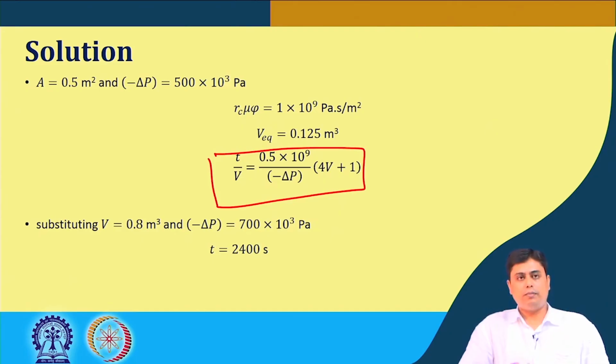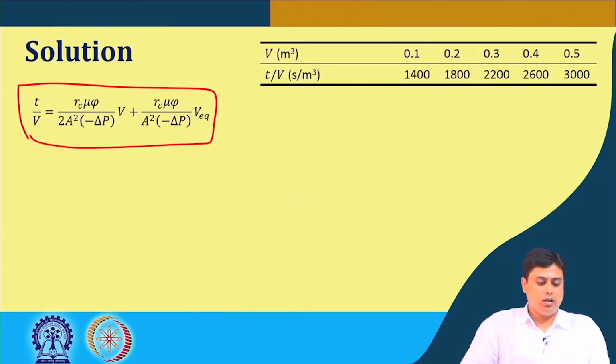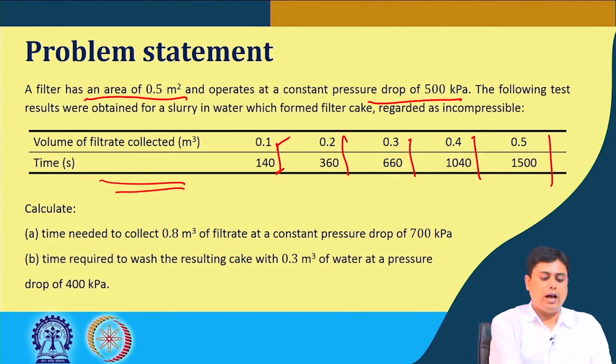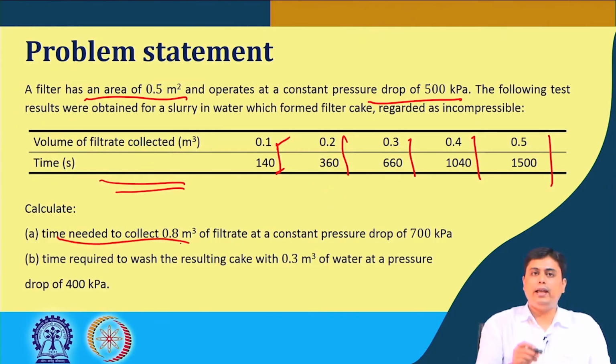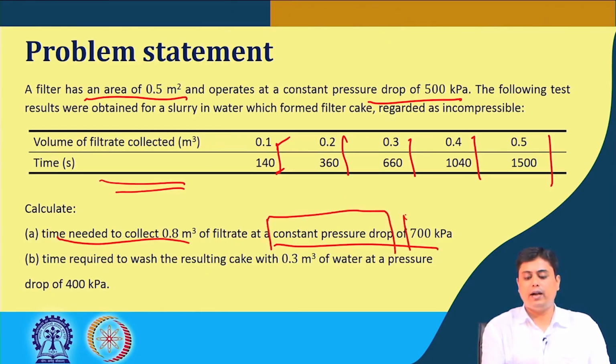Now, for a constant pressure scenario, because the question is asked, again we go back to the question. The question says the time needed to collect 0.8 meter cube filtrate at a constant pressure drop of 700 kilopascal.